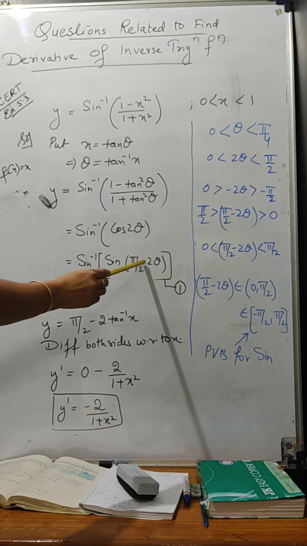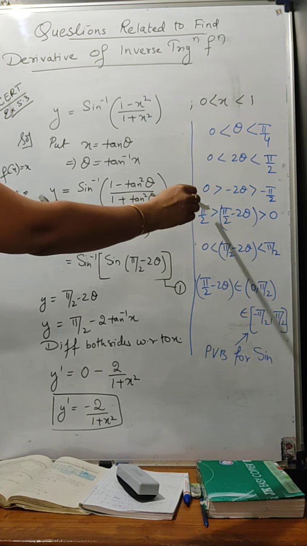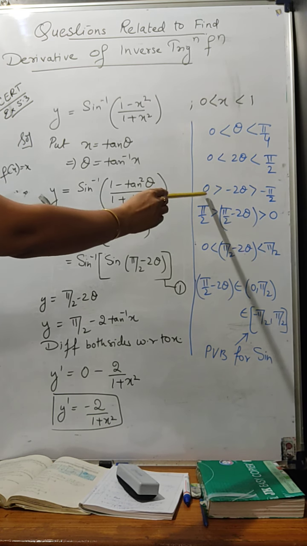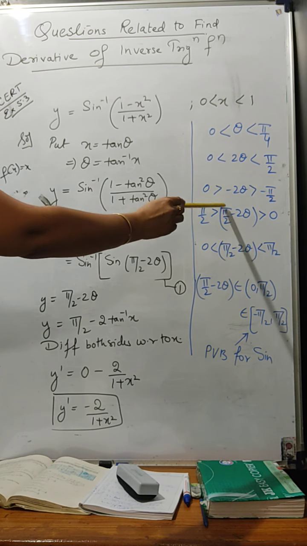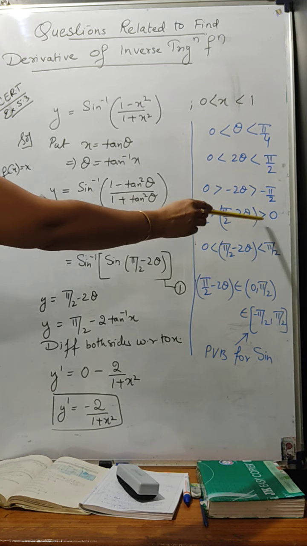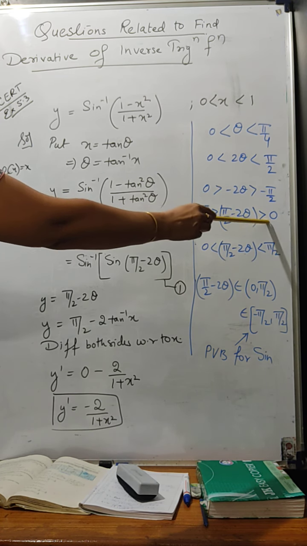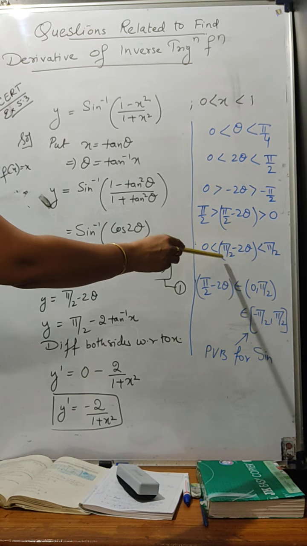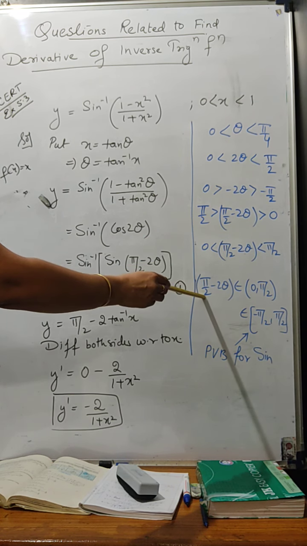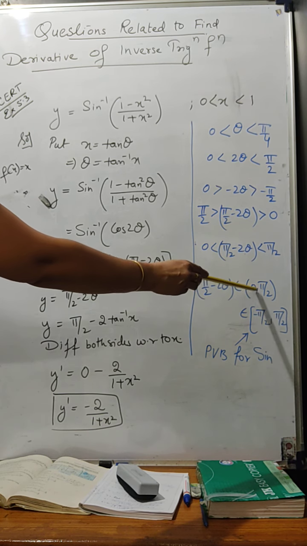Now in front of 2 theta, pi by 2 is added, so adding pi by 2 to the complete interval, pi by 2 plus 0 is pi by 2, which is greater than pi by 2 minus 2 theta, which is greater than pi by 2 minus pi by 2, which is 0. Now write this interval in sequential order. After writing, we have got pi by 2 minus 2 theta belongs to the open interval 0 to pi by 2.